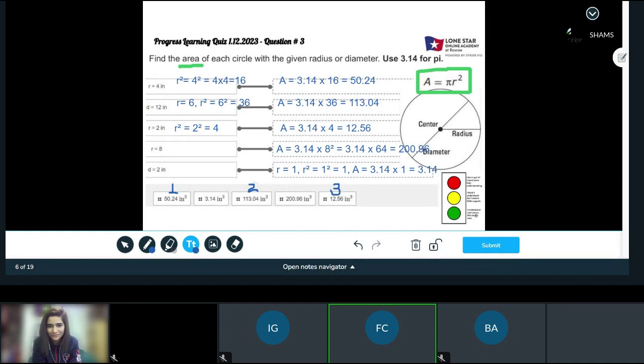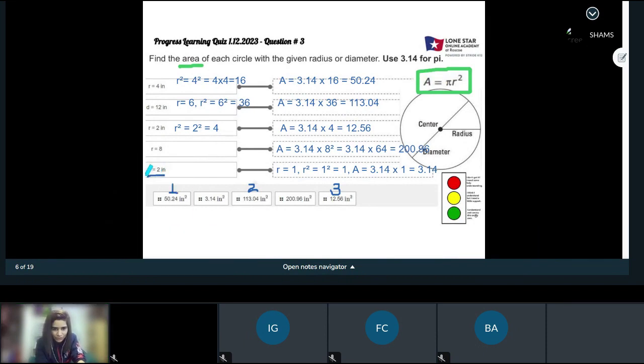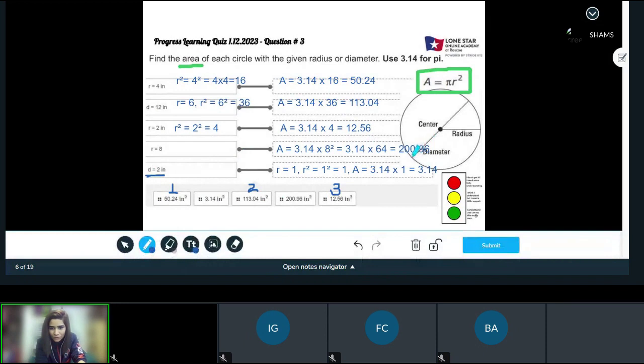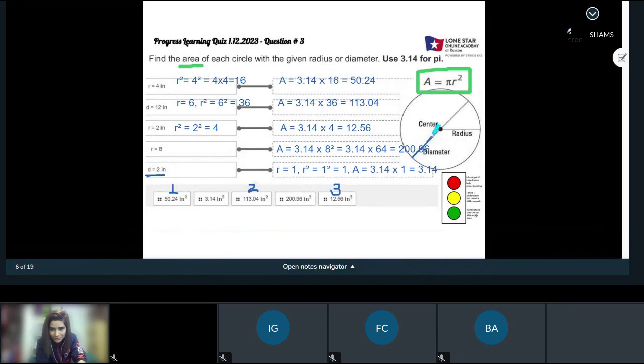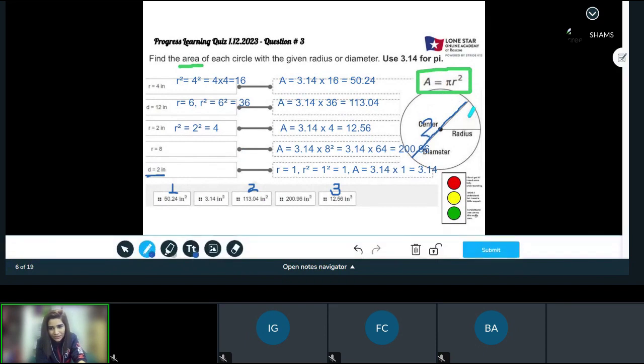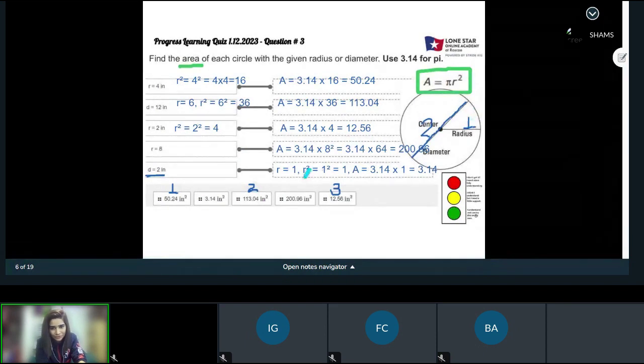Can you go over the last step one more time? The very last one? Yes, ma'am. In the very last one, you see diameter is 2. That means this long diameter is 2. Then radius is half the size. So radius is 1. That's how I got the 1.